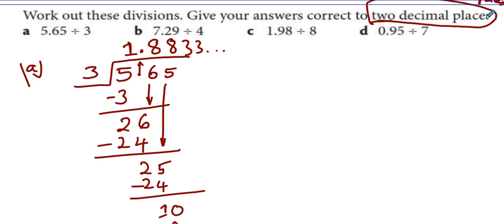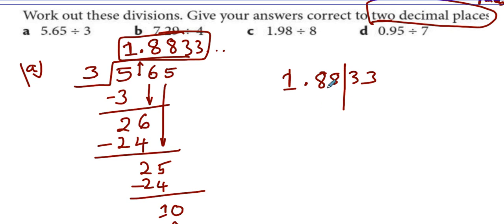Because they need 2 decimal places, we take our answer, which is 1.8833, and then round this to 2 decimal places. The first decimal place, the second decimal place. So you keep a bundle over here. Check on your right hand side. There is a 3.